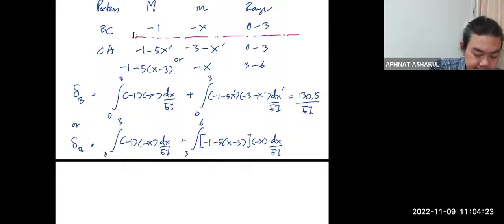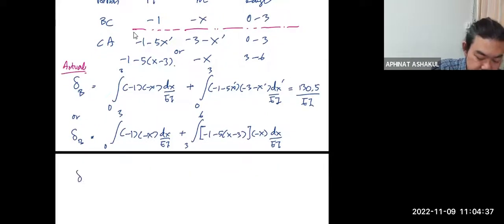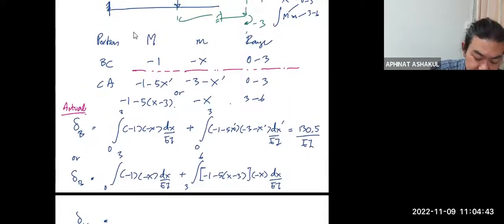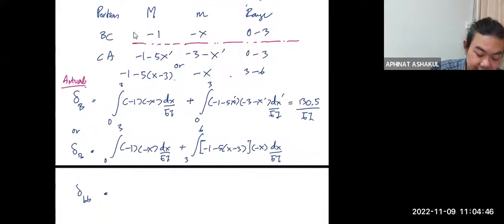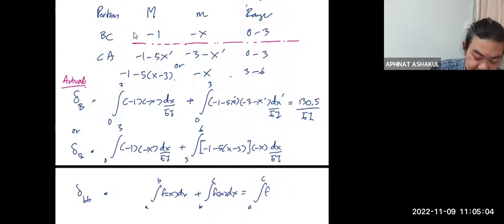Okay, and now let's say it's not the actual, now it's delta VB. Now you see the benefit of using this equation, because if you can recall, there's a small rule in calculus saying that the integral from A to B of f(x) dx plus the integral from B to C of f(x) dx is equal to the integral from A to C of f(x) dx.